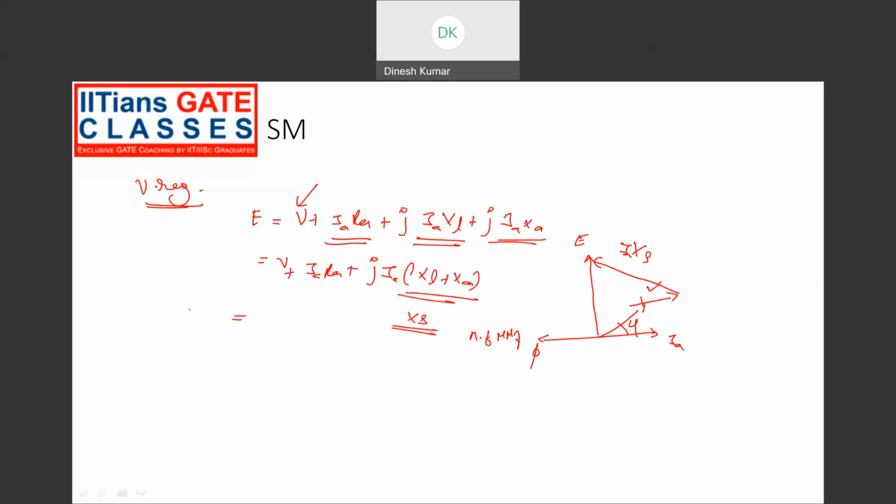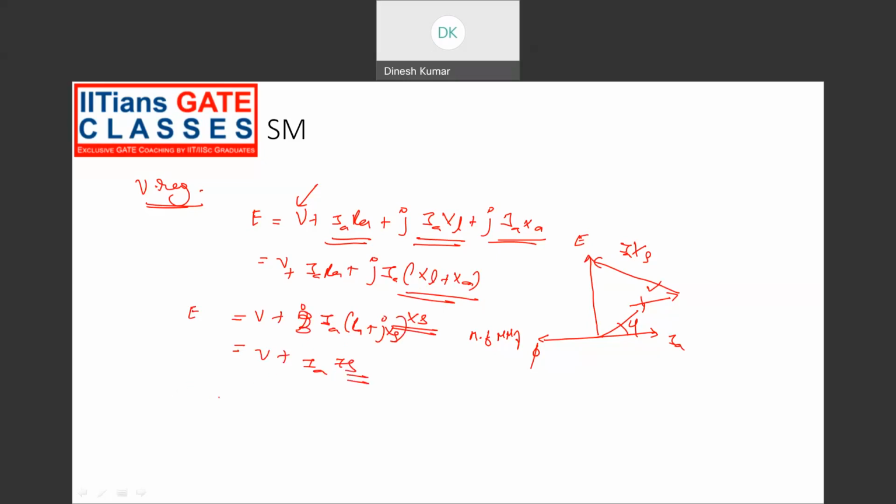Together we can write E is equal to V plus Ia times, taking Ia common, Ra plus j Xs, right? So that is V plus Ia Zs.